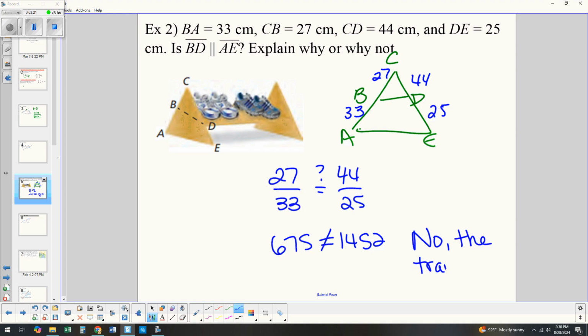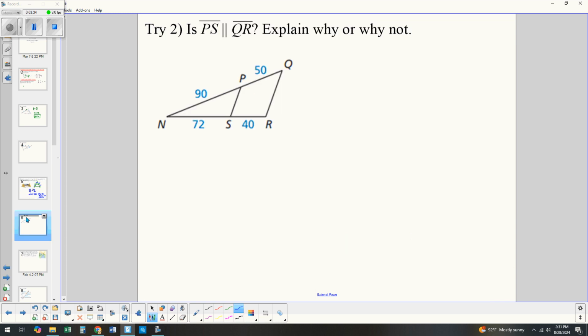If you just say no, I'm okay with that, as long as you've shown the work. No will be fine. So you can go ahead and try this one. Pause. When you want to check your answers, they're posted online.